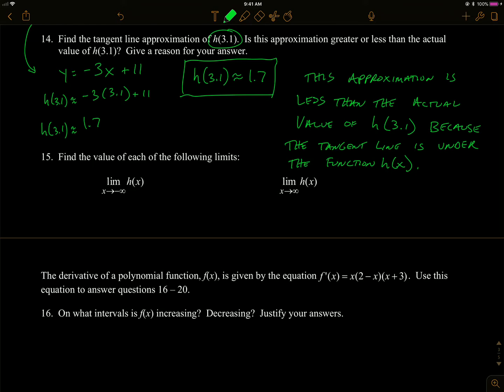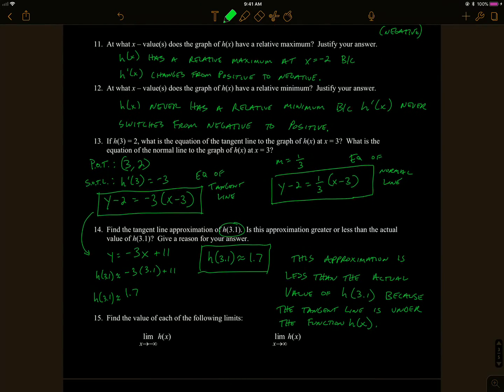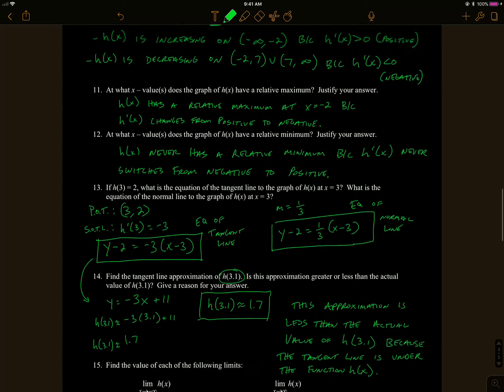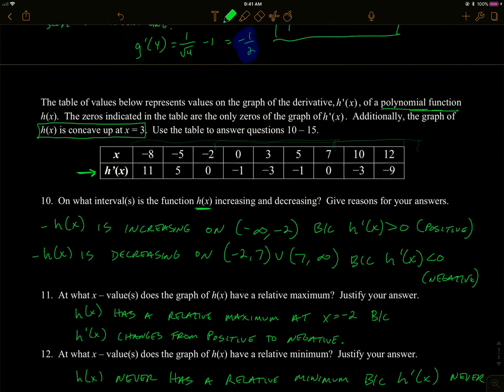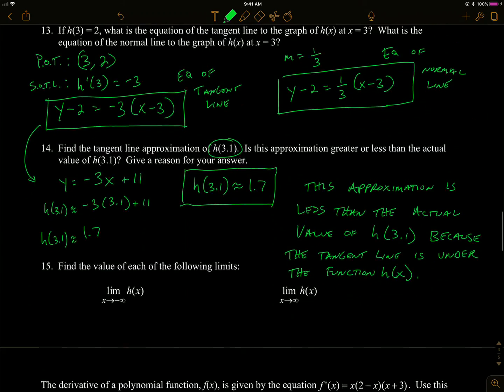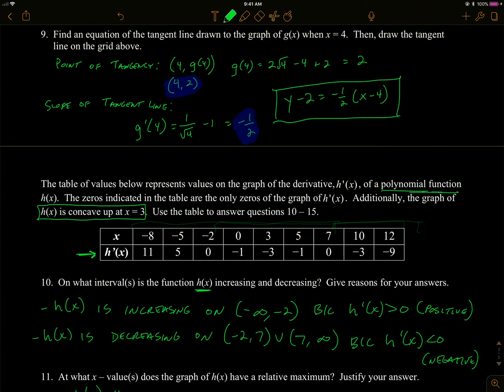Now they want us to find the value of each of the limits of h of x. As x approaches negative infinity, I'm going to go back to the table, and it looks like what's happening here is these values are going 5, 11, they're getting greater, it looks like.